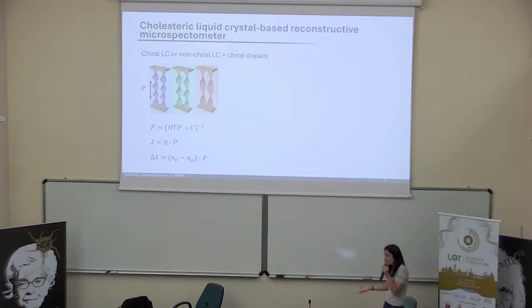Many of you maybe already know about liquid crystal, which is a phase between a solid and a liquid. You know that at room temperature, some kinds of liquid crystal exhibit ordered structure. Chiral liquid crystals are particularly nice since they exhibit this chirality.